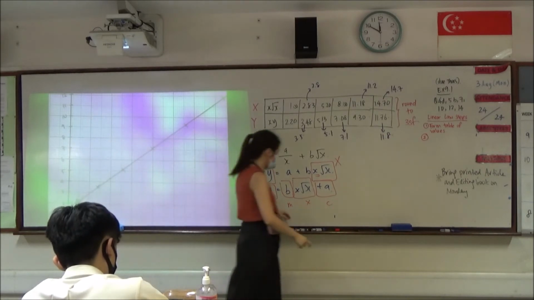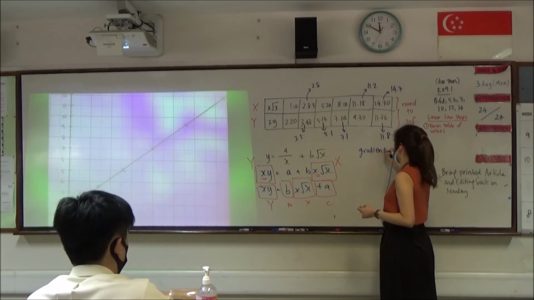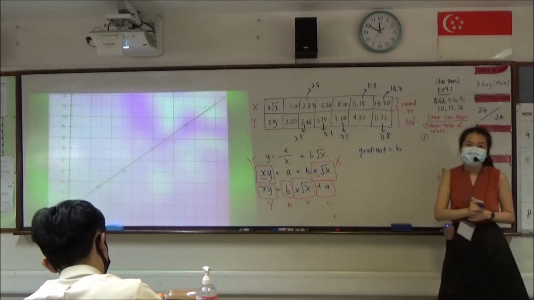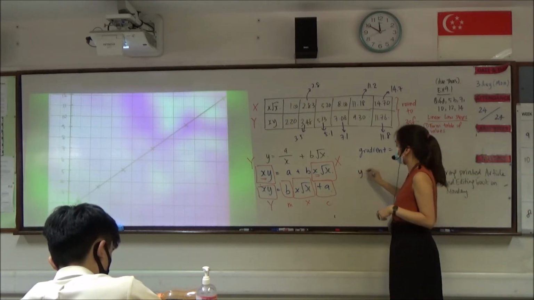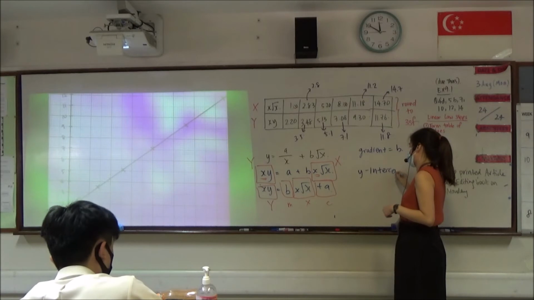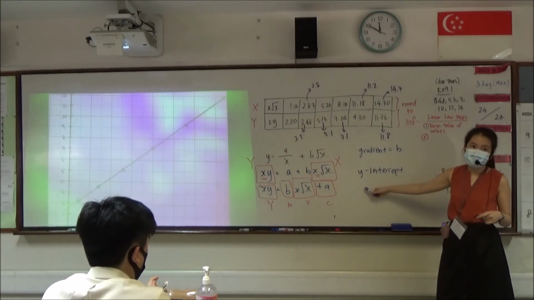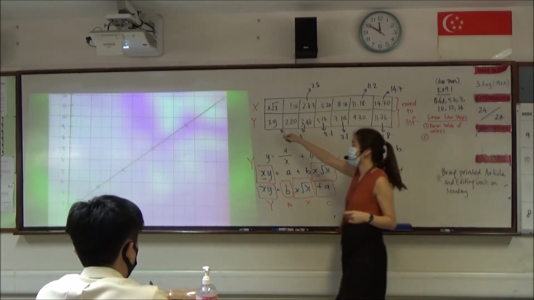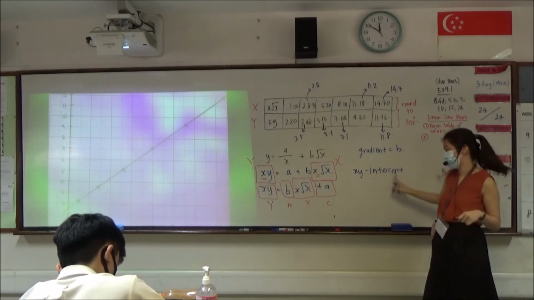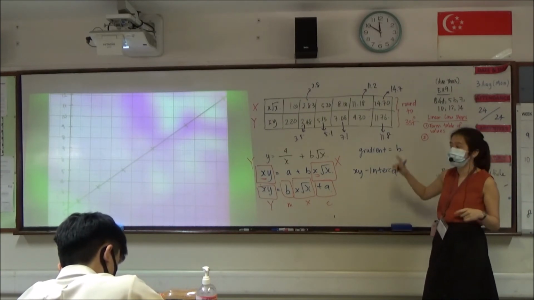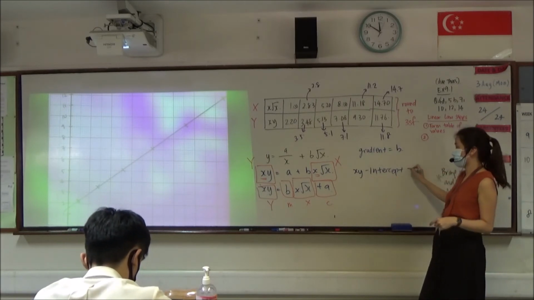So the gradient is B. And for my vertical intercept, be very careful, don't happily write y-intercept like that, because in this case we're not referring to small y-intercept anymore. You should write xy-intercept, or write big Y-intercept. Of course, you need to define what is big X and what is big Y. So the xy-intercept will then be A.